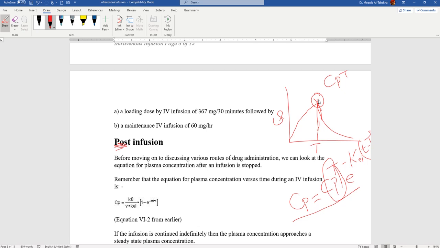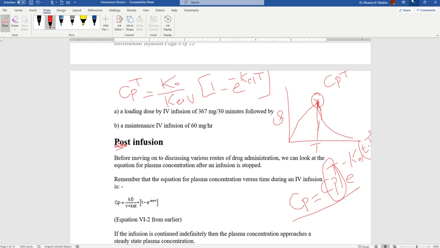It's the beginning of the mono exponential decline and it's the end of the infusion. Right? Because of that, CPT capital can be calculated from this equation: CPT capital is equal to K0 divided by KL times V multiplied by 1 minus e to the power of minus KL times T capital.